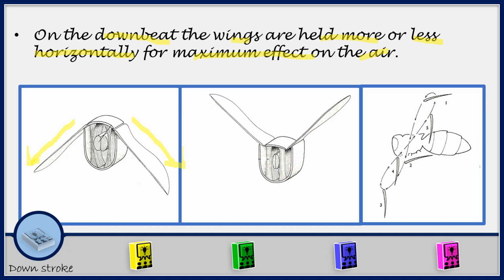Now, when the wings are flat, that means that they are going to provide resistance to the air which is moving upwards. So they are pushing the air which is coming from down. They are applying a lot of resistance. Why? Because the wings are horizontal.